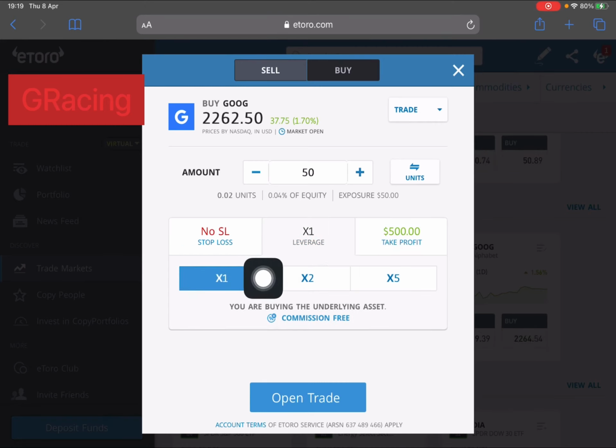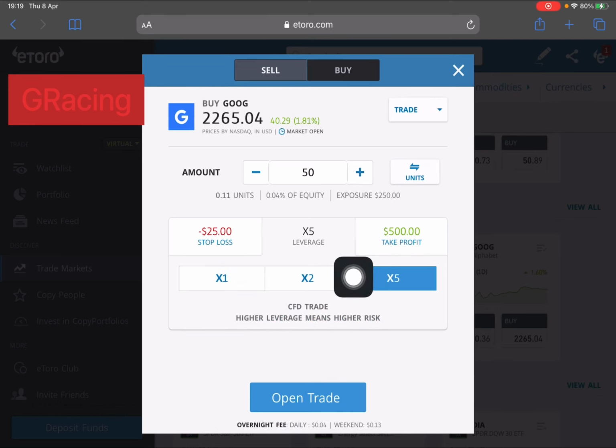Okay? What if you use X2 or X5? Okay, let's maximize because I'm a high risk investor or trader. Choose X5. You see the difference? In X1, there's no stop loss, but in X2 or X5, there is a stop loss. Why do you need to have a stop loss amount here?